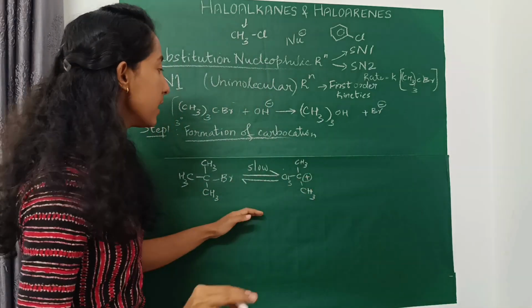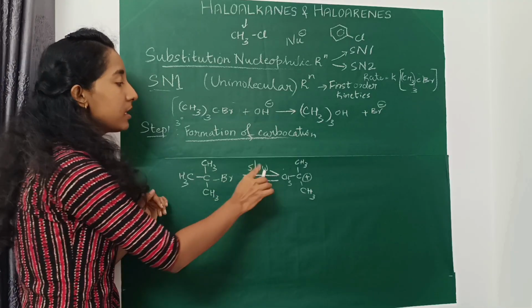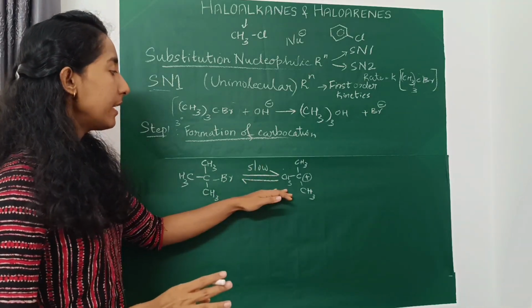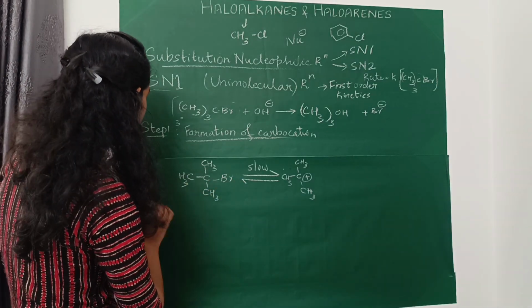So this is step 1, that is formation of the carbocation. This is a slow step, and this is the rate determining step. Then you have step 2.